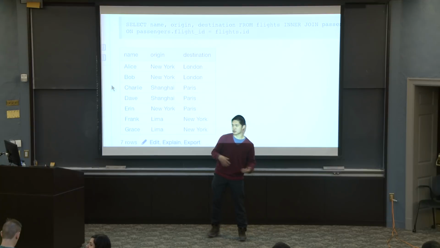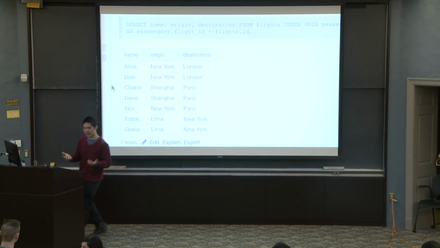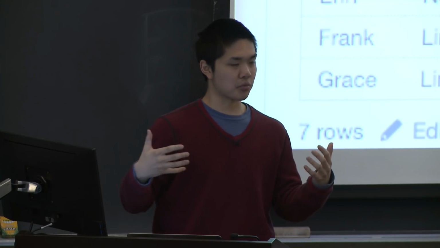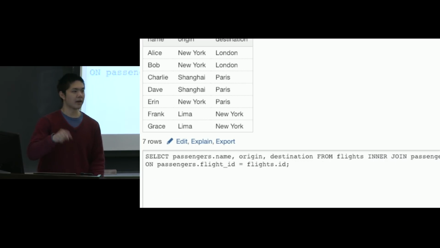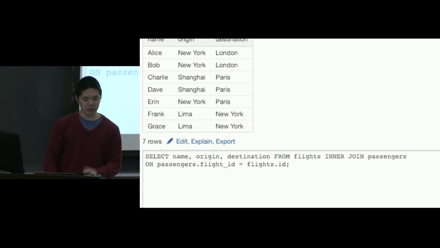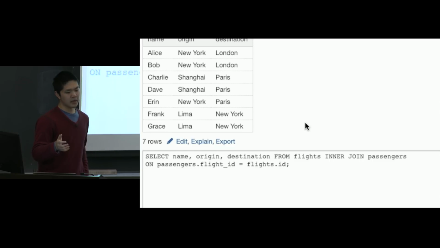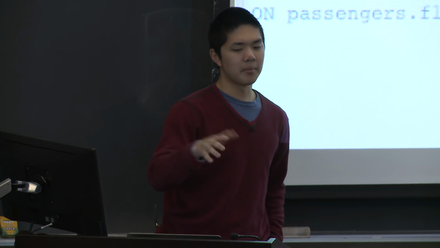How do I deal with that situation? You'll just have to disambiguate it to tell Postgres which one you actually mean. And so you would do something like, rather than just select name, I would say select passengers.name, meaning from the passengers table, select the name column. If you don't include it, it's just going to default to assuming that there's only going to be one of them and just returning that, but you can be more explicit about it and specify the table name as well.